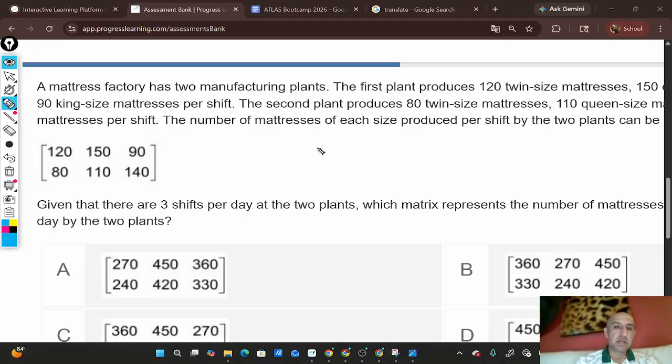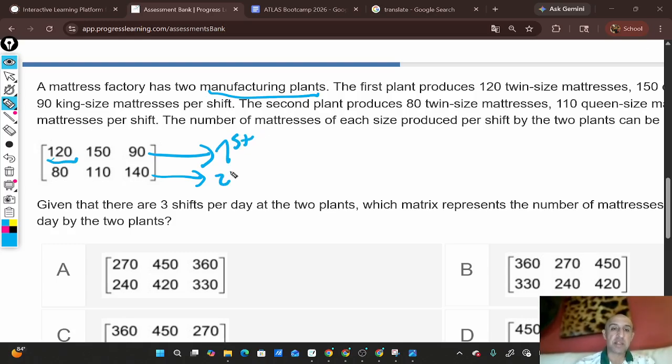Here is the first row, which is the first manufacturing plant, and the second row, which is the second manufacturing plant. The first plant produces 180 twin size mattresses. Here is the 120. So this is, as we said, the first, and this is the second.